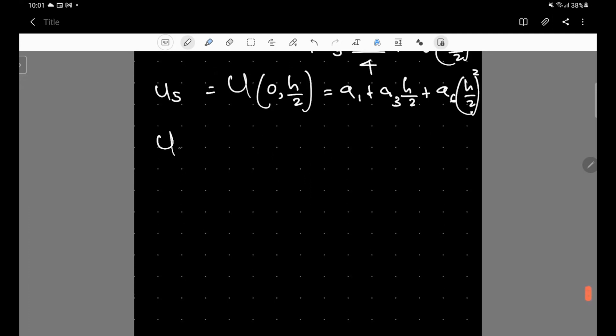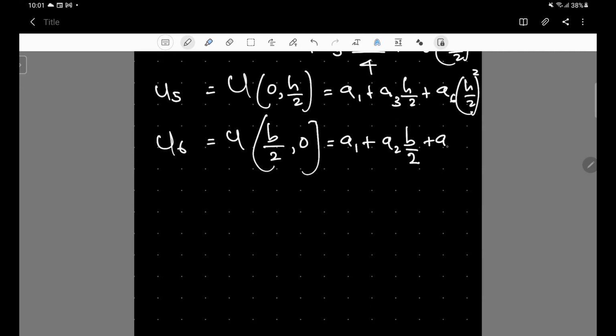So u6, similarly, here the x term is the constant value, but the y term is missing, and the corresponding constant terms as well as the x terms will be present, whereas all the y terms will vanish, a4, and the squared term b by 2 squared.